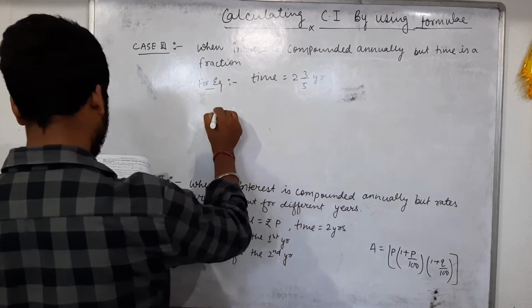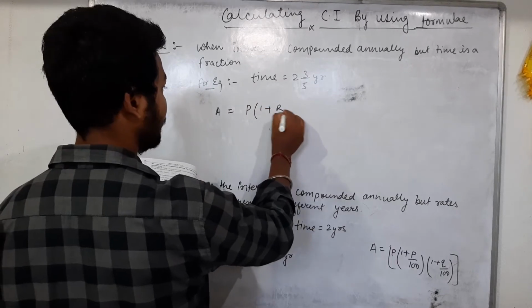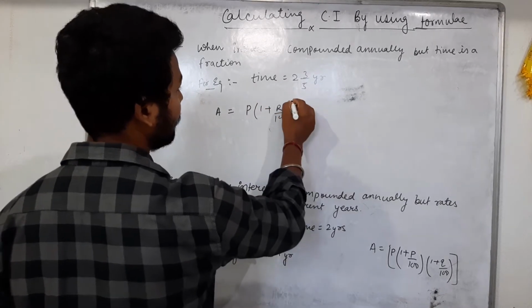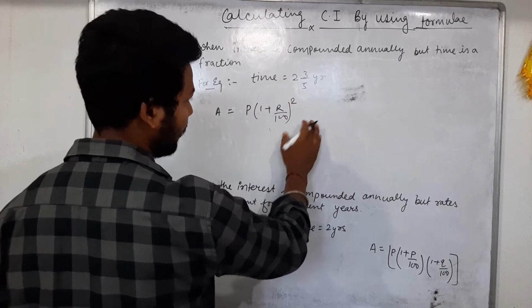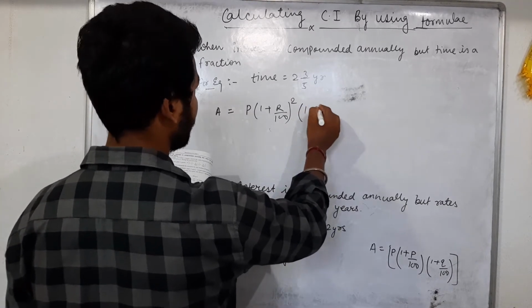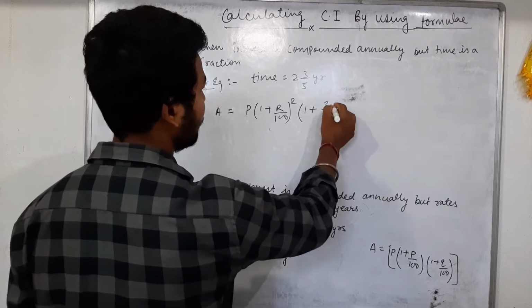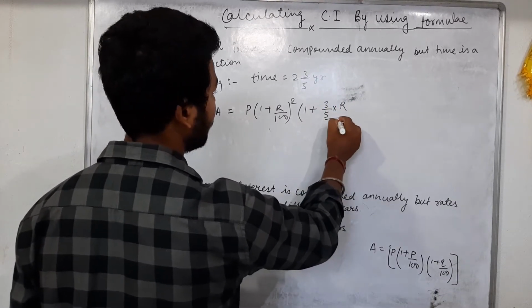So the formula of amount is equal to P into 1 plus R by 100, the whole number can be written as the power of this, into 1 plus 3 by 5, the fraction part of the time, multiplied with rate divided by 100.